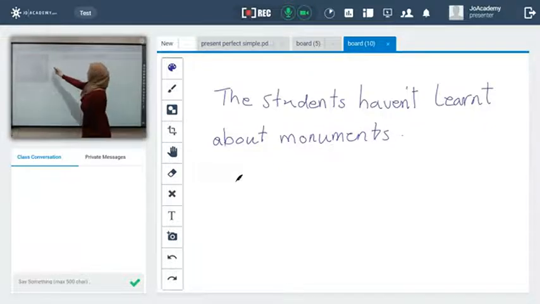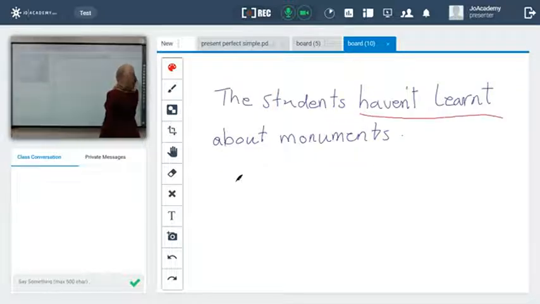Where is the verb? Very good. Haven't learned. Is it affirmative or negative? Very good. It's a negative verb.